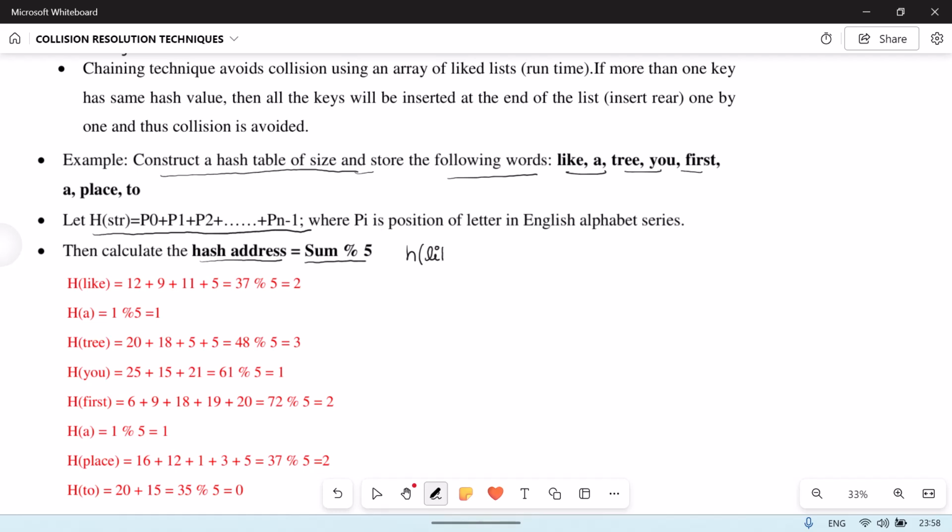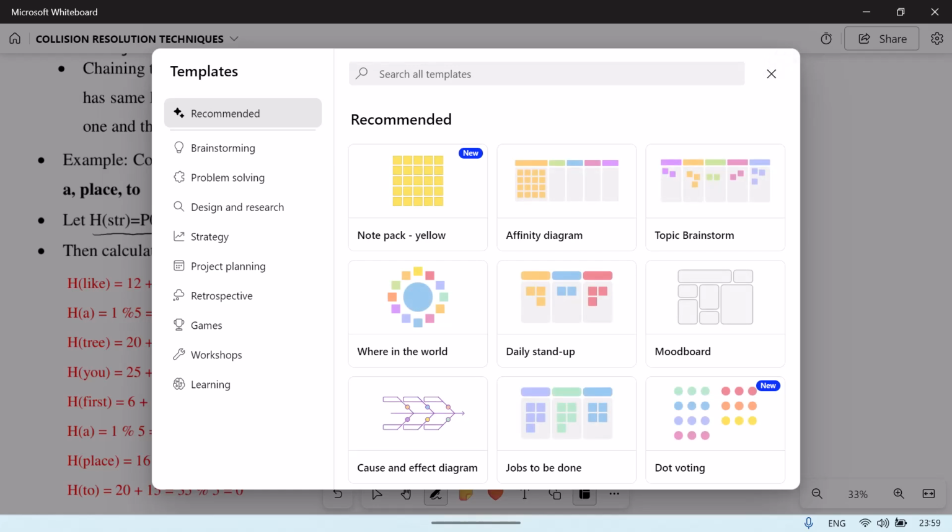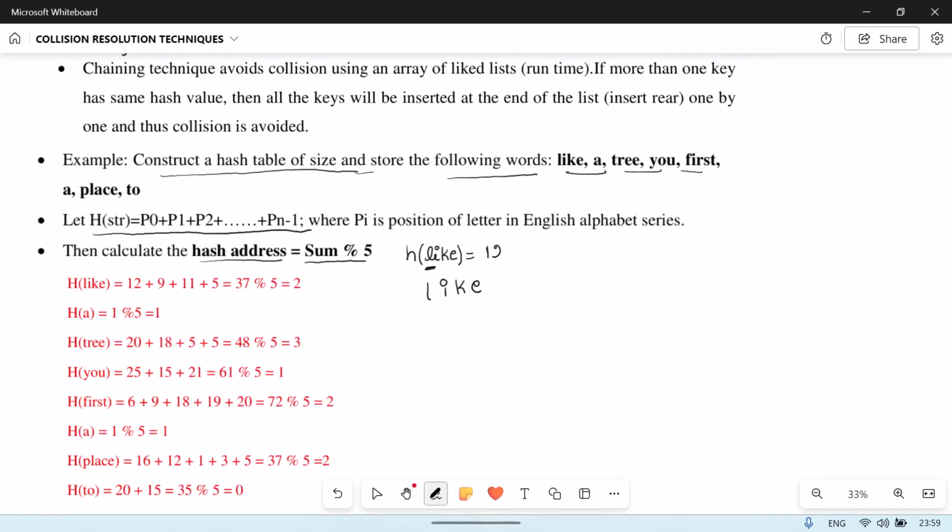So find the position of each letter in the English alphabet. L is at position 12, I is at position 9, K is at position 11, and E is at position 5. All this modulus the table size. The table size is 5 here, so I get the value 2. Are you understanding?